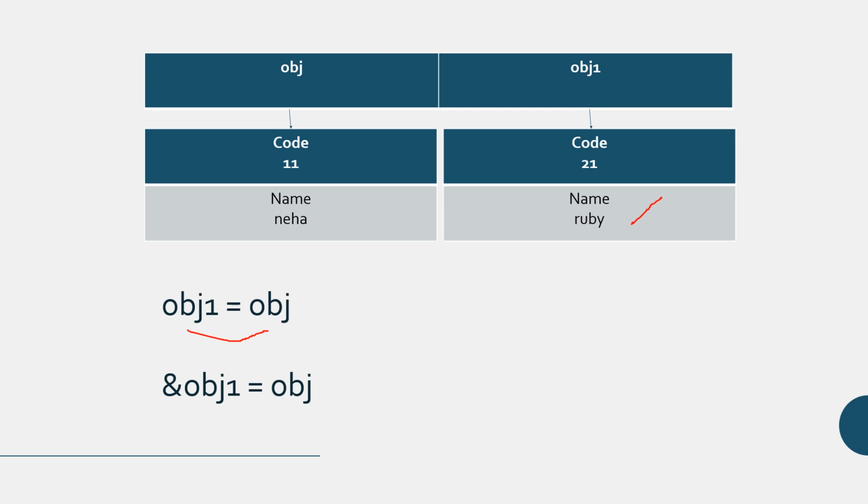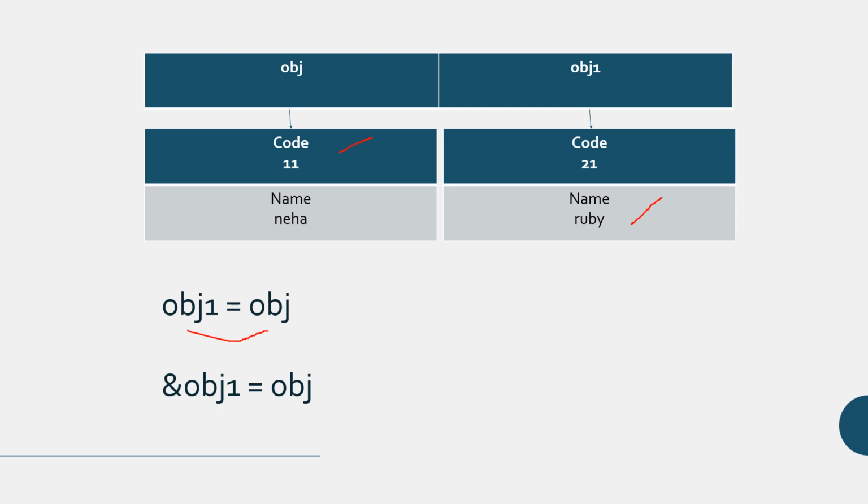That means 11 and Neha will move to this place, that is for obj1. So if we write this line, the values in obj1 will be 11 and Neha, because we have assigned obj to obj1, okay.